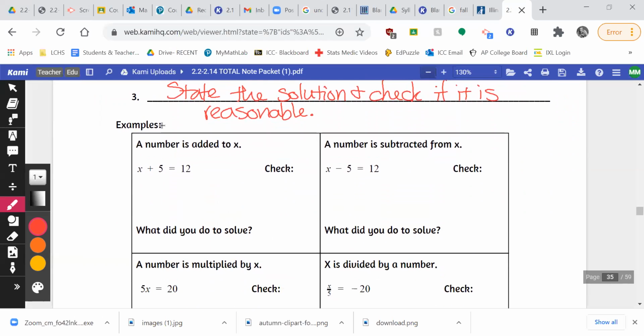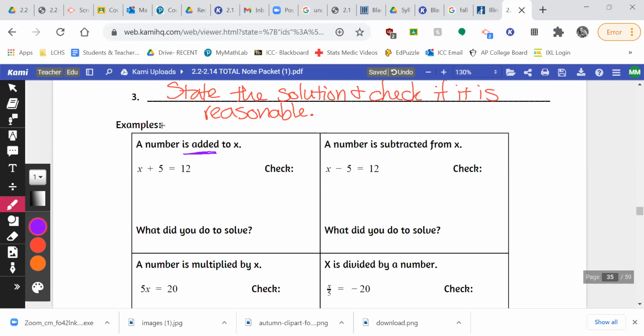Is it reasonable? Okay, so starting with the first one, it says a number is added to x. So we have x plus 5 equals 12. To solve this, I would look at what is being done to the variable x, and I can see that 5 is being added. So that's step one, to check and see what is being done to that variable.